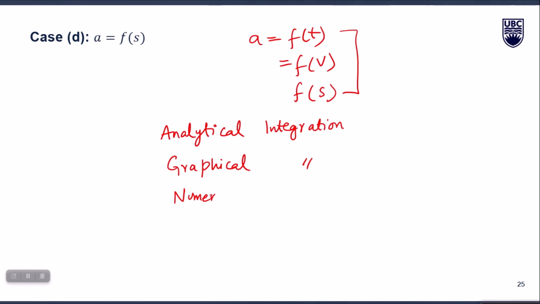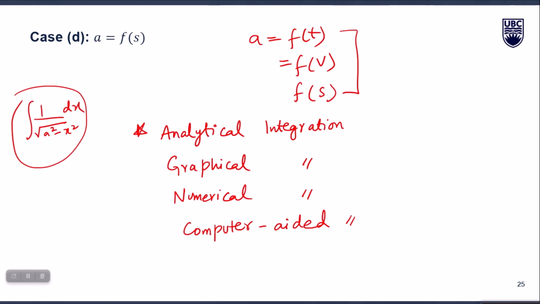Numerical integration is an approximate integration method in which you divide your integration problem into small segments and then approximately determine each segment and then sum to get the integration numerically. And then there can be several computer aided integration methods also. But mostly we will be dealing with the first case, where the functions relating time, velocity, distance and acceleration will be simple enough to be analytically integrated, right?